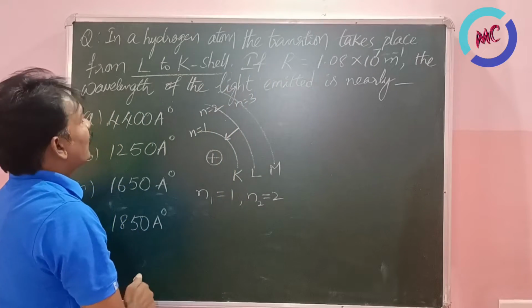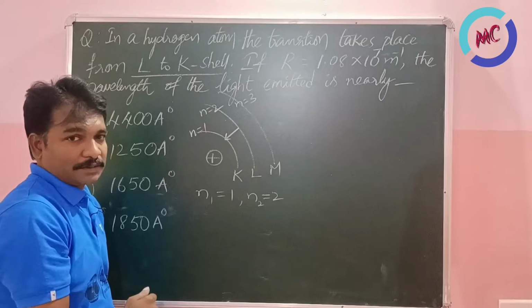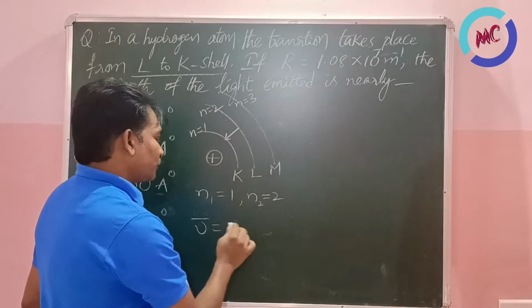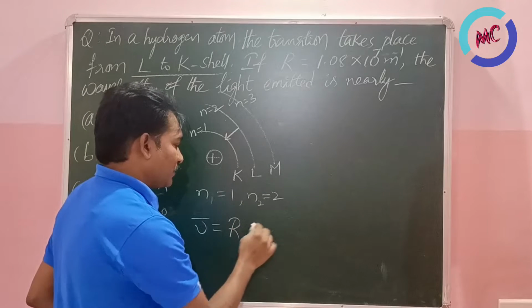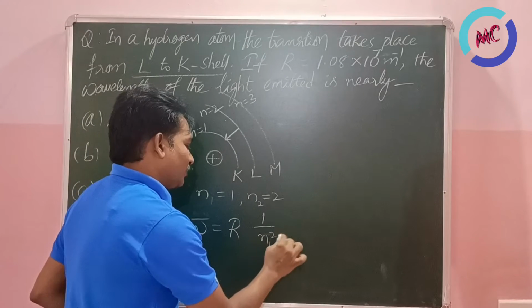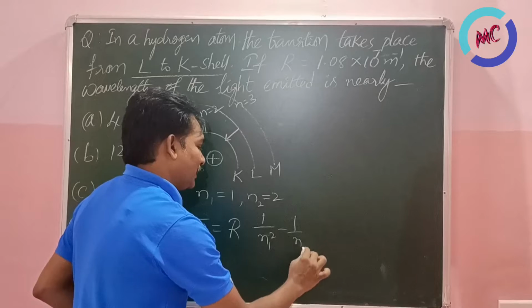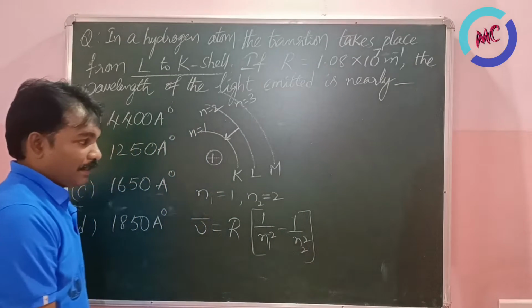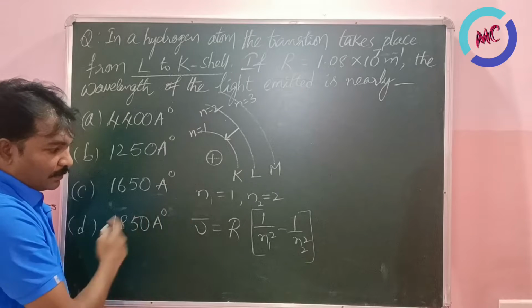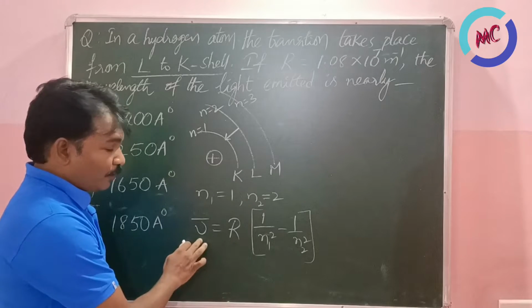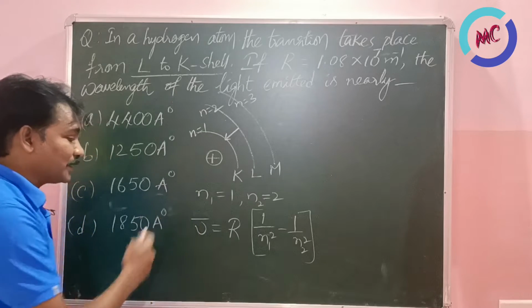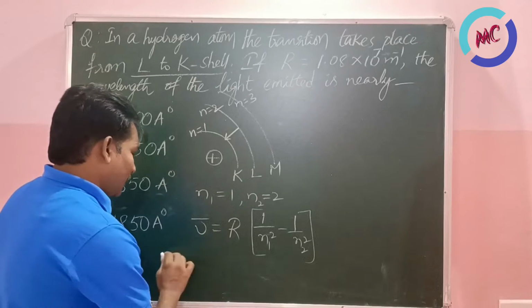Now, what they are asking is wavelength. We know that nu bar is equal to Rydberg constant times 1 by N1 square minus 1 by N2 square. And here we know that nu bar is nothing but 1 by lambda. Reciprocal of wavelength is nothing but wave number.